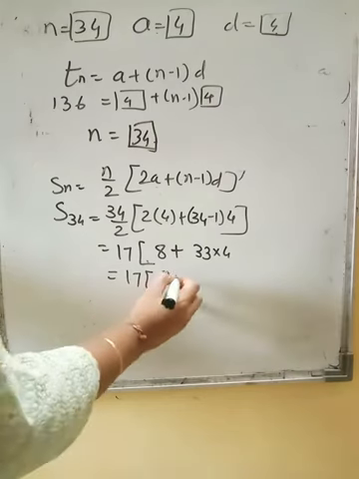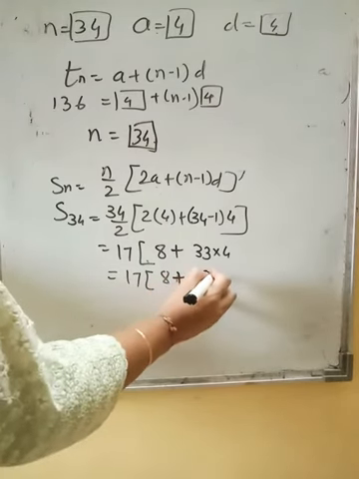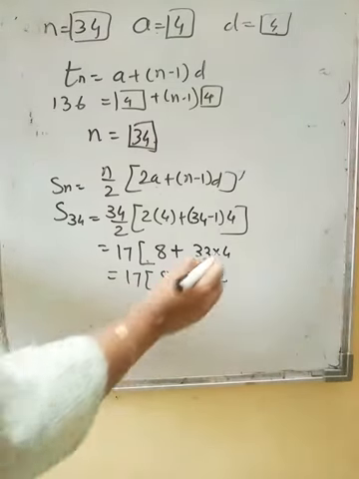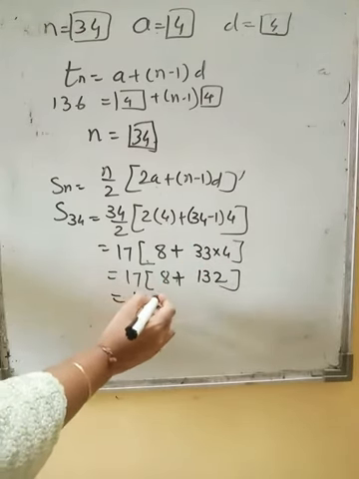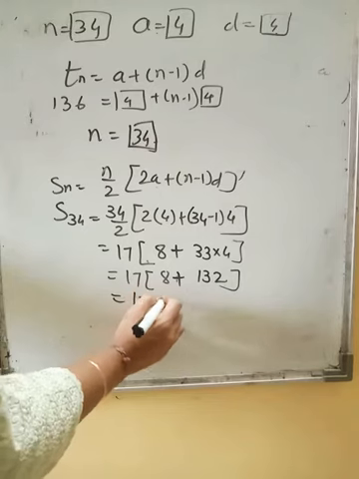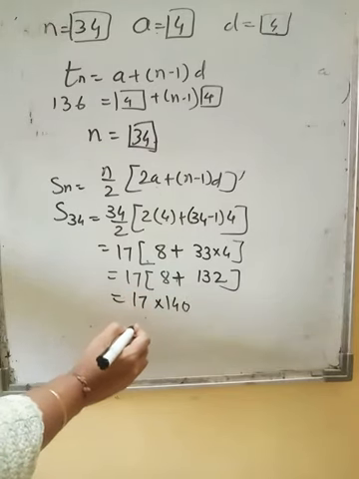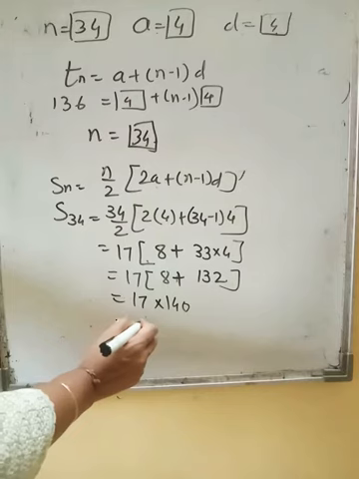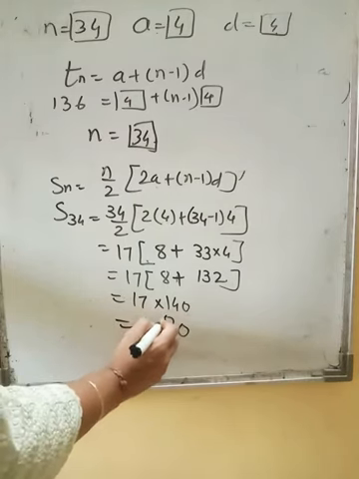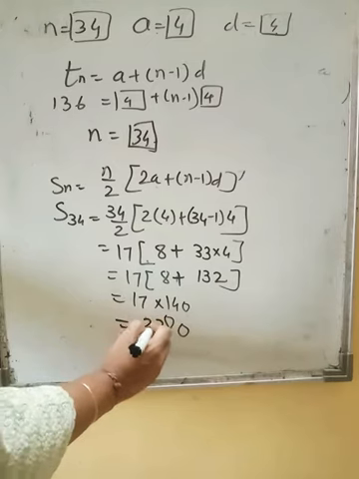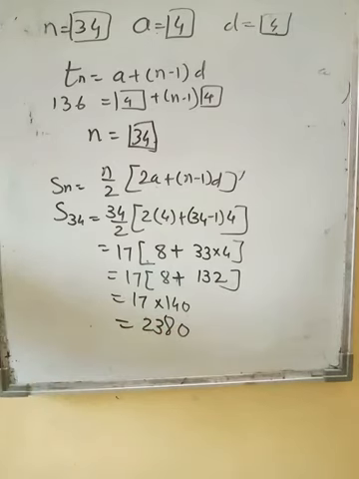So 33 4s are 132. So this 17. 132 plus 8 becomes 140. 14 sevens are 2380.